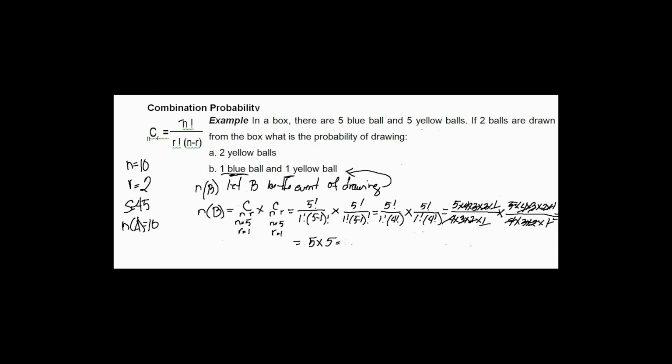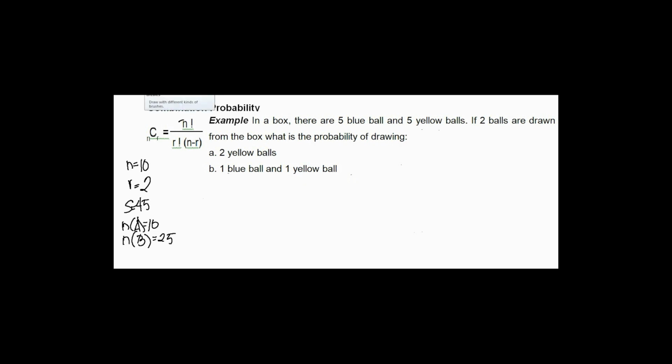Then 5 times 5 is 25. So the number of event B happening is 25.